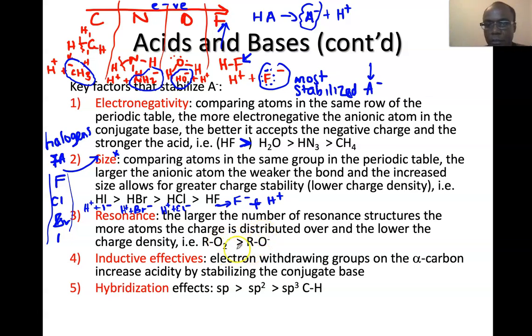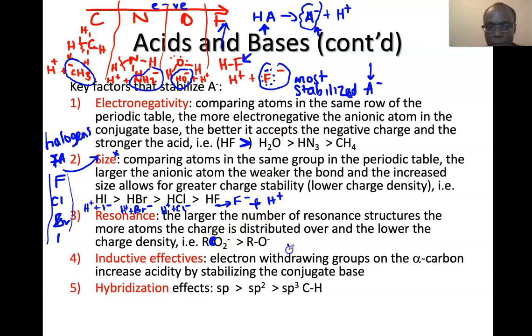So the other one to consider, of course, is going to be resonance. Okay, so next one is resonance. Resonance helps to spread these electrons around on the anion. Let's say your generic acid gives you A minus, and A minus can do resonance, then that's going to stabilize it.